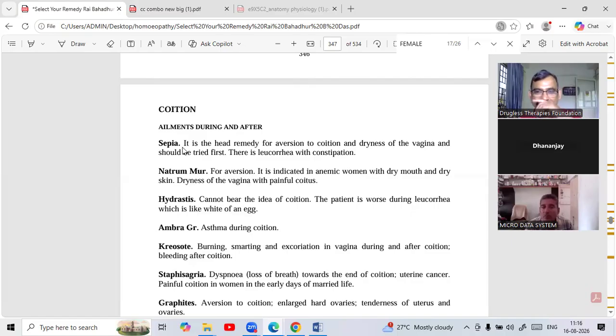What is Sepia? Sepia is the ink of a fish. In earlier days, that ink was used for writing books, but written with a brush.